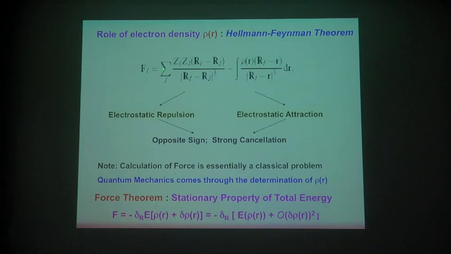Obviously this is negative, this is positive, because this is attractive, this is repulsive. If you look at the numbers in your output of, say, Quantum Espresso or VASP or anything, you will see that these expressions are explicitly given there, and these two terms are opposite in sign, and they strongly cancel each other.